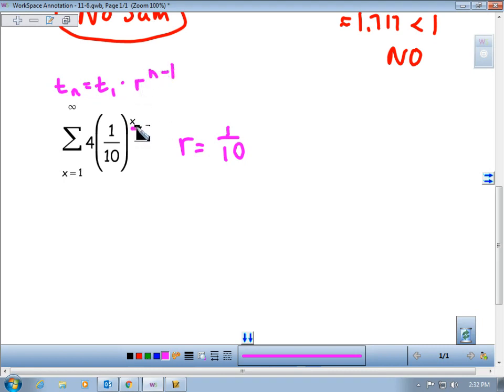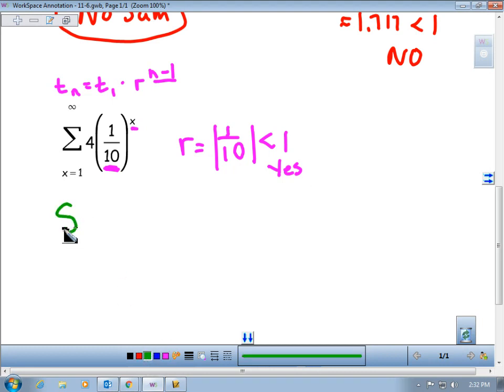But anytime we're taking that exponent, a variable exponent, whatever it's going to, that is going to be your R. So 1/10 is my R. By the way, is this R absolute value less than 1? Yeah, it definitely is. So we're okay to do our sum here.